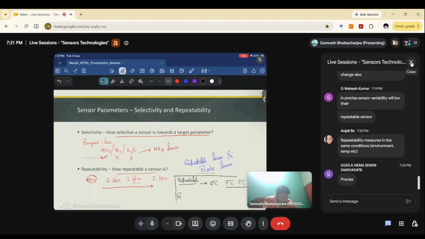So for this case, what is our resolution? So which one is it correct? Point 2 or point 1?